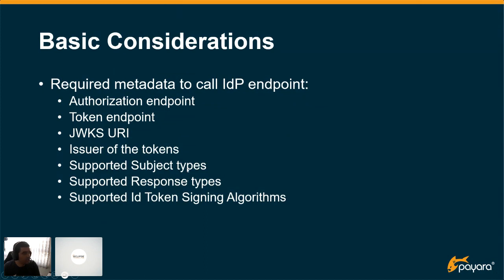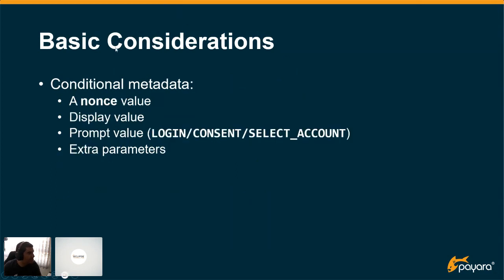Who is issuing the tokens, what are the supported types, what are the supported response types, and supported ID token signing algorithms. All of the tokens exchanged between the relying party, which is the application, and the provider have to be signed. Because again, remember, those tokens can be compromised in the middle, and they have to be verified each time by the application, in this case the Jakarta runtime or the relying party, so that they are still valid.